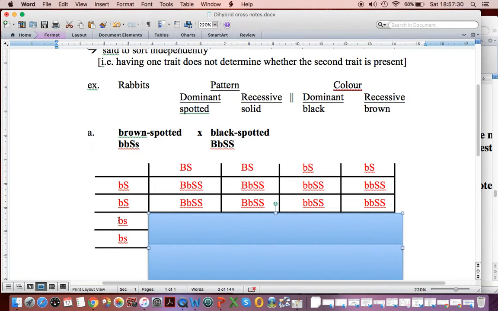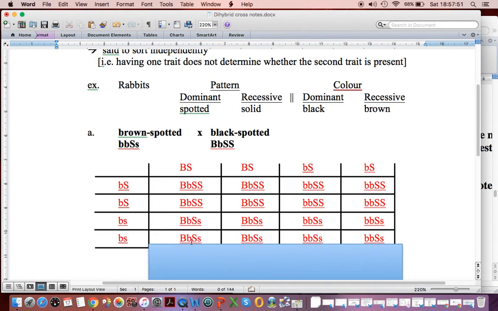And then this one will be different because we have a little s here to combine with a big S. So it will do this: little b and a big B. We always put the capital letter first if we have a capital and small letter that are the same letter. We get those combinations, and then this was the same crossing. And so these two rows will be identical, last two rows as well.